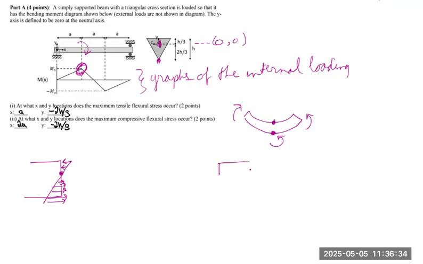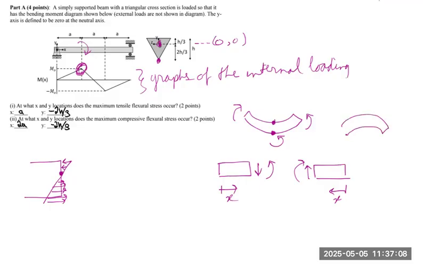For internal loading, we have shear force downwards, looking at the beam cut from the left side, as positive, and our counterclockwise moment when looking at the cut beam from the left side as positive. But if we are evaluating our beam from this side, the positive shear force direction is reversed and our clockwise moment is actually the one that is positive. So these are sign conventions for internal loading.